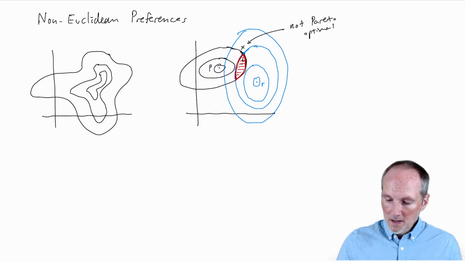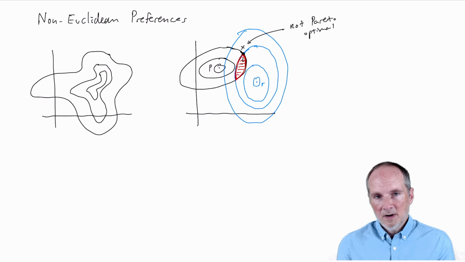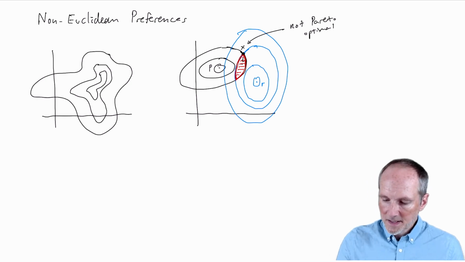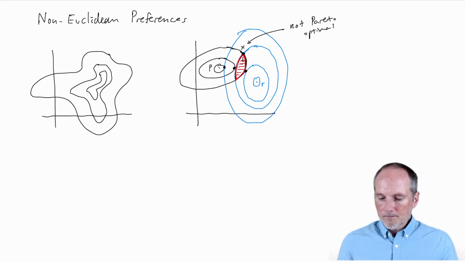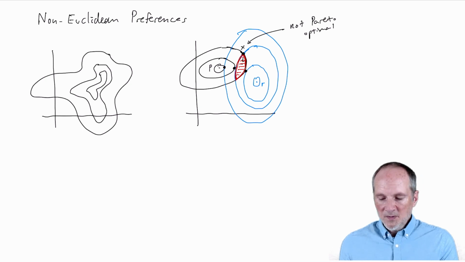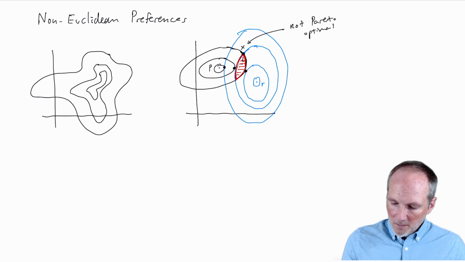All right, what would a Pareto optimal policy look like in this model? It would be a policy where you don't have that lens, so there's a tangency like this one here, or this one here, or this one here. Those are going to be Pareto optimal, and if we connect all of those tangencies, we would get something like this curve here.